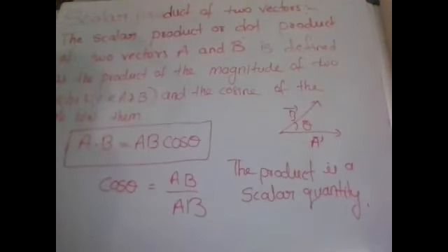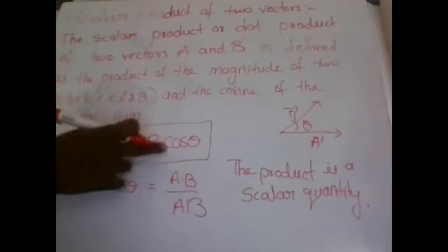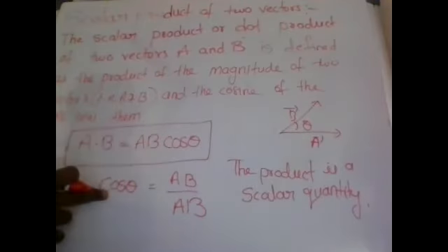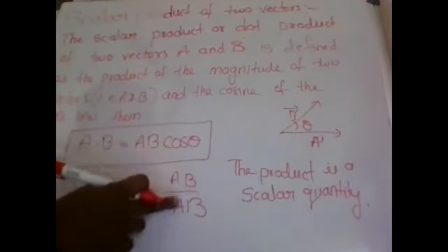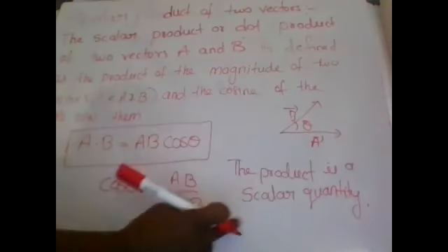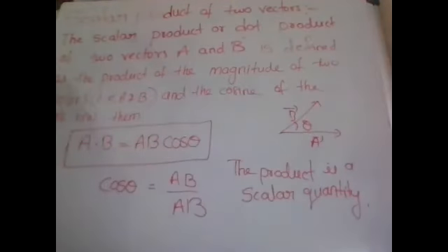The scalar product or dot product of two vectors A and B is defined as the product of the magnitude of two vectors and the cosine of the angle between them. Mathematically A dot B equals AB cos theta. From this, cos theta equals A dot B by AB. So this product is a scalar quantity.